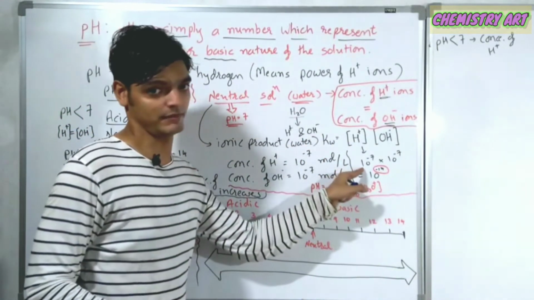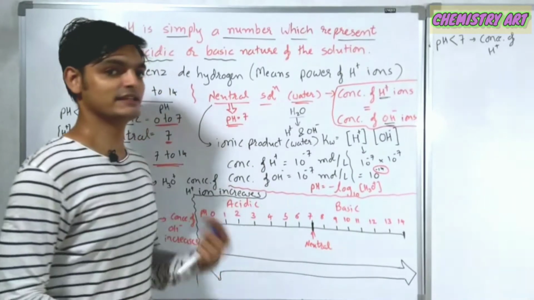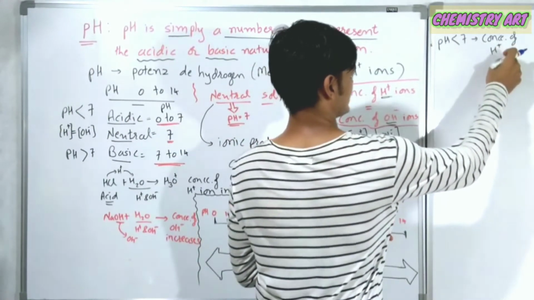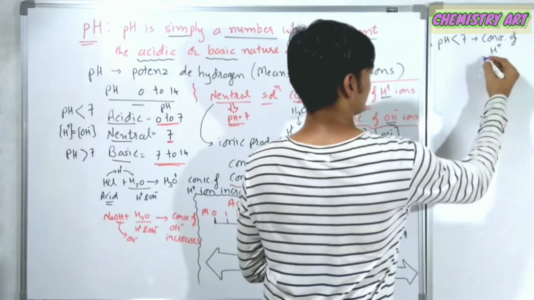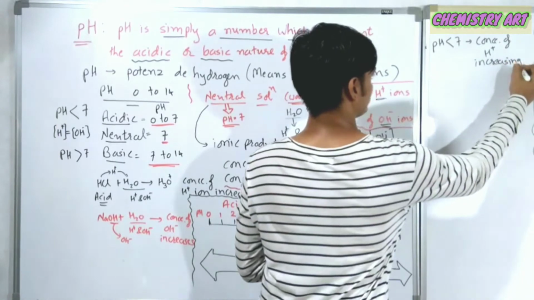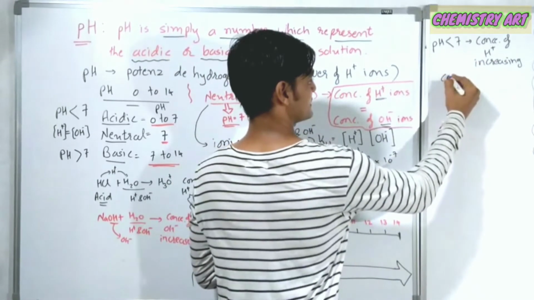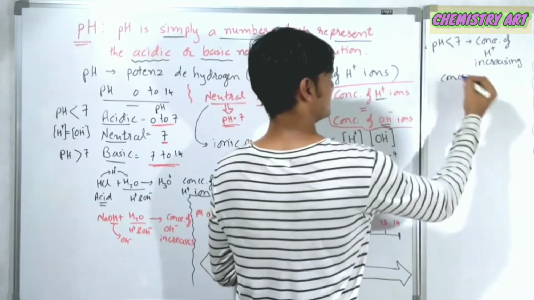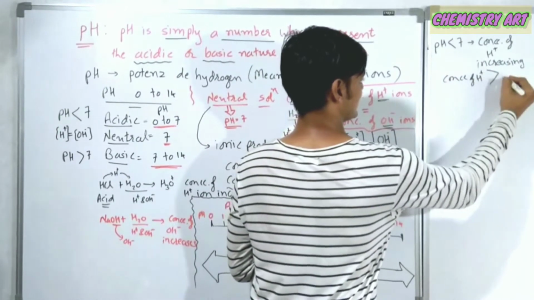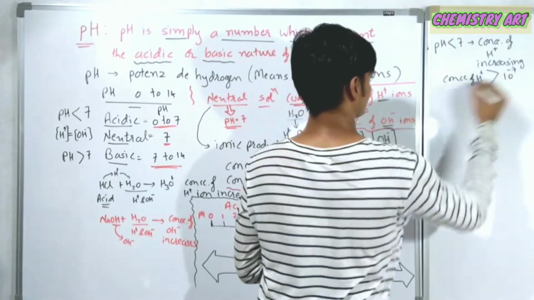So if it is increasing, it means the concentration of H plus is greater than 10 to the power minus 7.